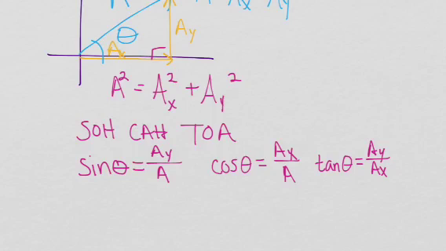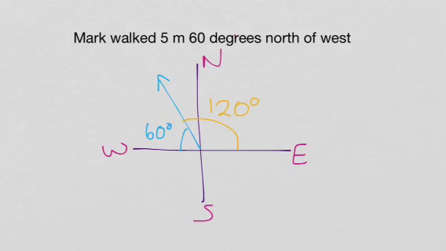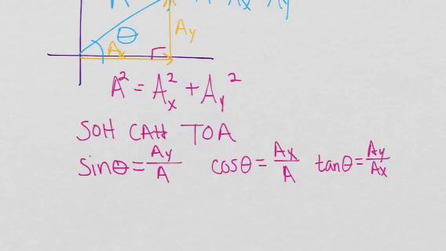And if we rework these, they also become useful in finding values. Let's say we know the angle, right? A lot of times when we have vectors, we're like, oh, we're going like in our last problem here. We went 60 degrees north of west, so I already know the angle of my vector, but I don't know my components.